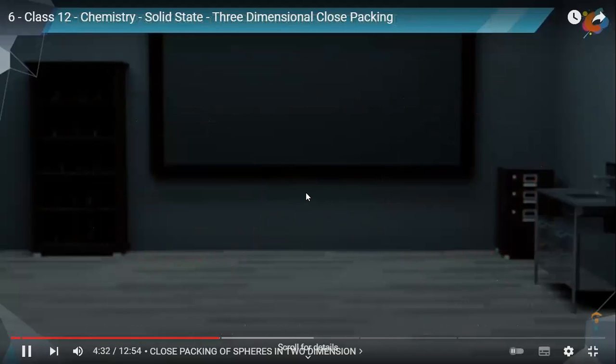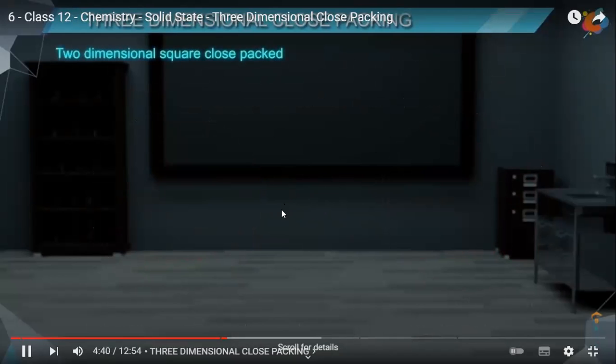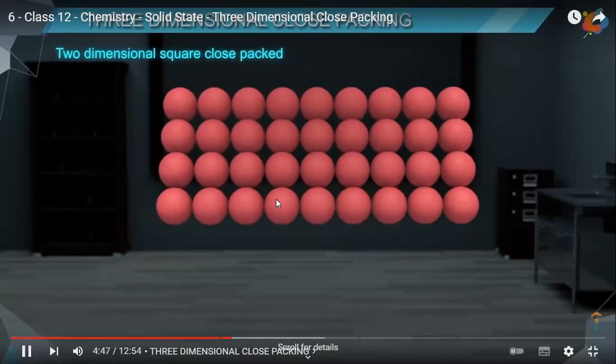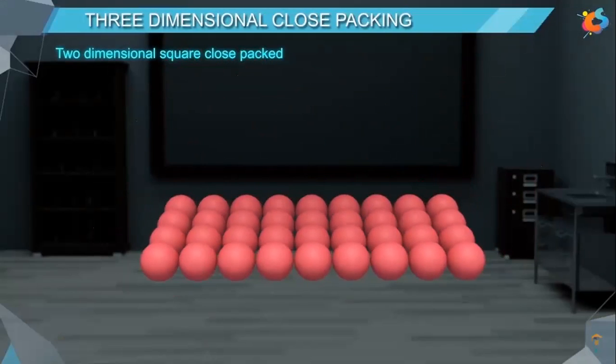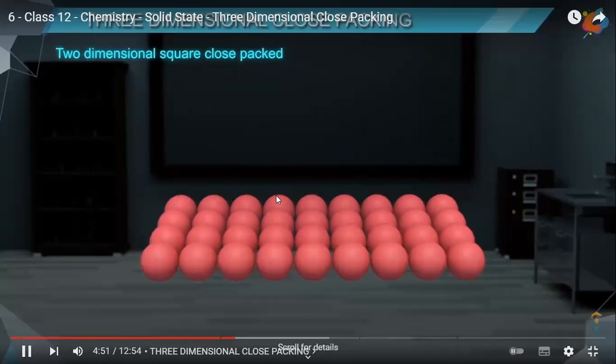Now let us study close packing in 3 dimensions. 3-dimensional close packing from 2-dimensional square close packed layers. This type of packing is obtained by placing a 2-dimensional square close packed layer above the first one, such that... See, whatever these two are is very important now.